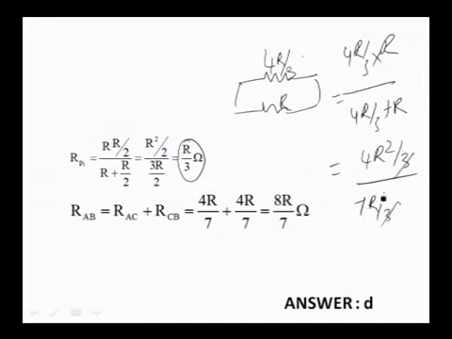This 3 cancels, and this square and this one cancel. The effective resistance we are getting is equal to 4R divided by 7.